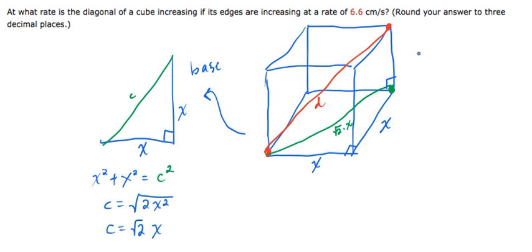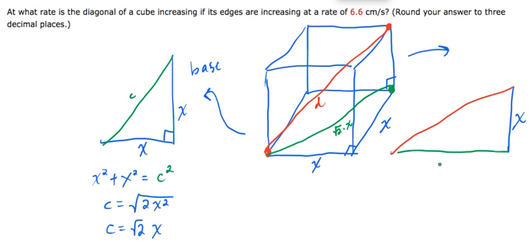So I'm going to draw this triangle that's going through the big cube over here. So that's the edge length X, that's the base, and then this is the diagonal of the cube. So the edge length is X, the length of the base is root 2 times x, and again we can use Pythagorean Theorem to find this length.